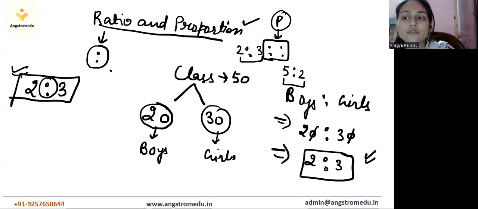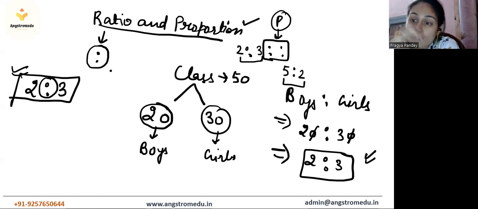So what you have to do is double the things according to the same proportion. The ratio, meaning the proportion, will be the same, but you are just increasing the quantity according to the number.